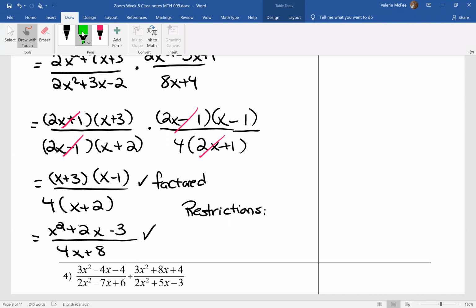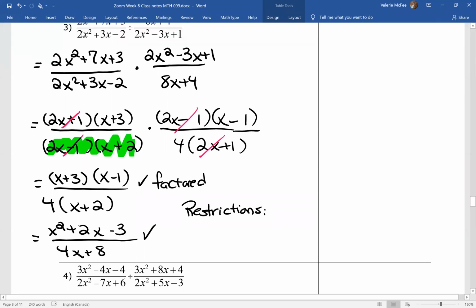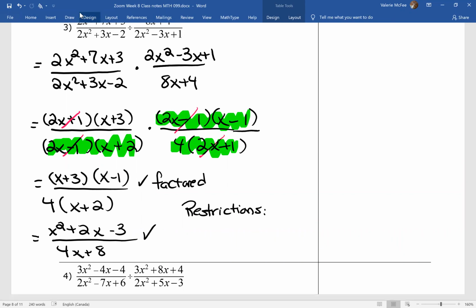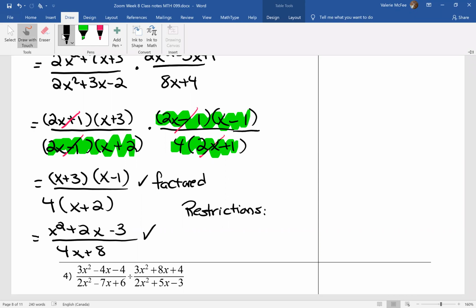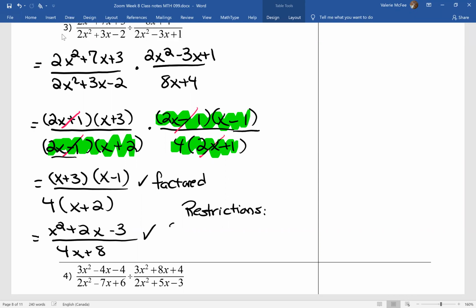Remember, you're looking at B, C, and D. So we have 2x minus 1 as a factor that cannot equal 0. X cannot equal 1/2. X cannot equal negative 2. There's no x here. I don't have to use that factor. 2x plus 1 cannot equal 0.